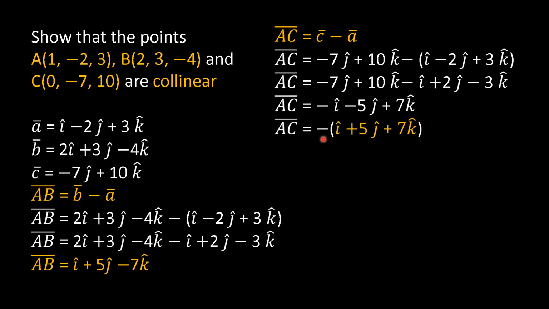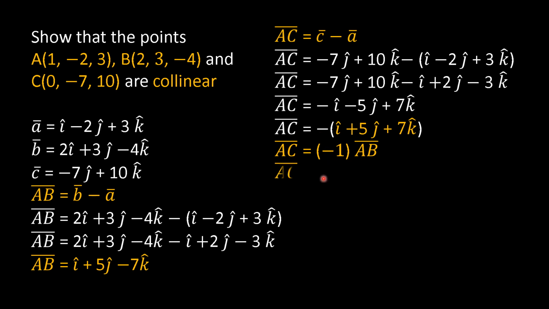We will take minus 1 common from here and write minus 1 times i plus 5j plus 7k, but i cap plus 5j cap plus 7k cap is nothing but AB bar here. So we write AC bar equals minus 1 times AB bar.